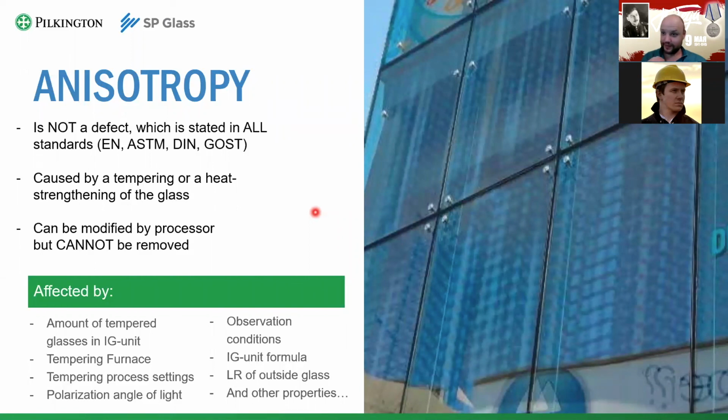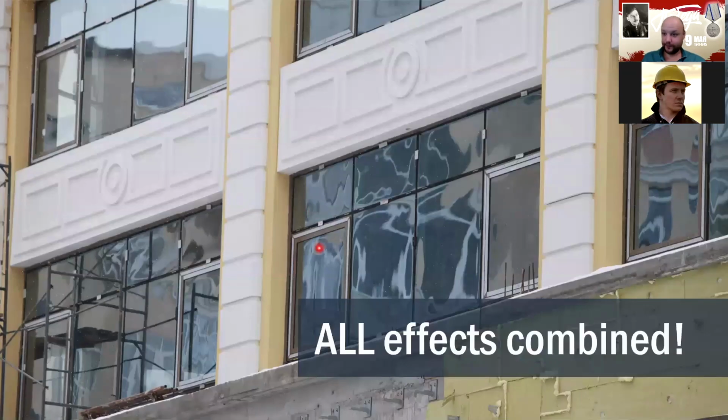So there was no sun, it was during the night. We have lanterns all around, so I saw it with my naked eye without any help from polarized sunglasses or whatever else. That's it for the anisotropy effect. And I think that's it for today.